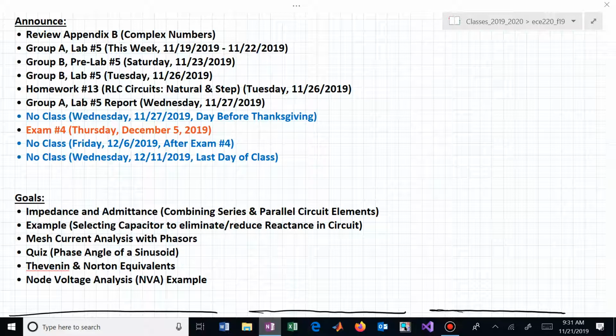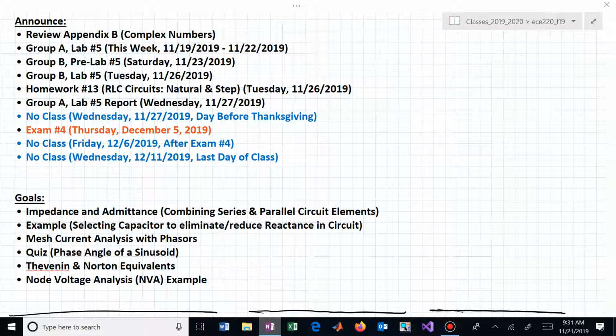And we also have a homework assignment due on Tuesday, as always. I think we're in steady state by now. That's the 13th of those assignments. We will have 2 more, and those remaining 2 will be dealing with sinusoidal steady state analysis. And that's what we will talk about today.